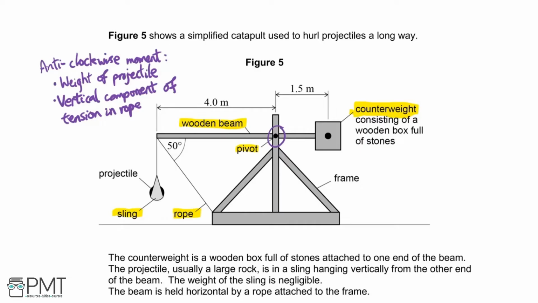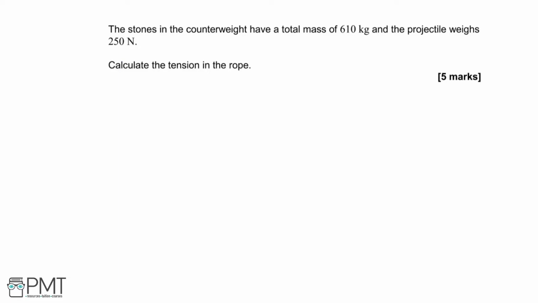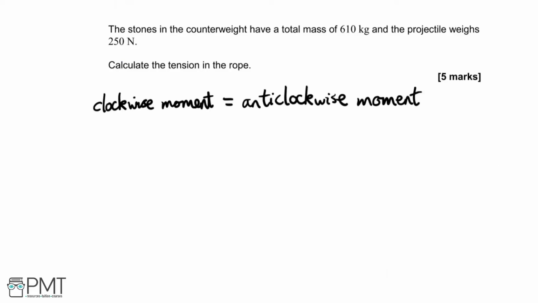Now, in terms of the clockwise moment, for this, it's just the weight of the stones, and that weight is acting vertically downwards as well. So we're treating this system as being in equilibrium, so we can say that the clockwise moment is equal to the anti-clockwise moment. And on that basis, it's worth just filling in what contributes to each of those.